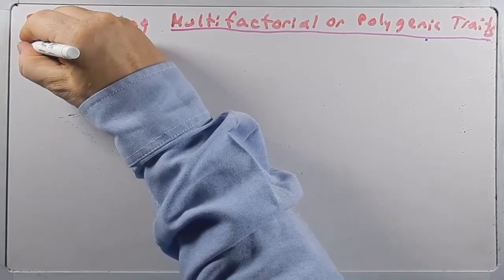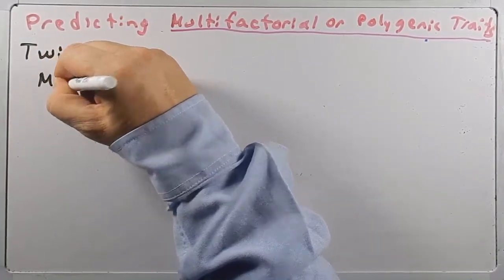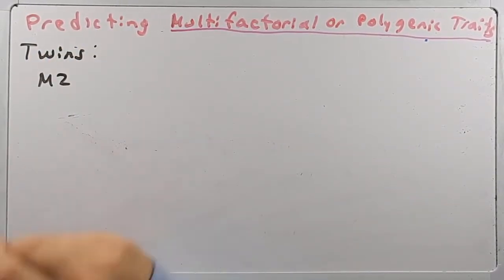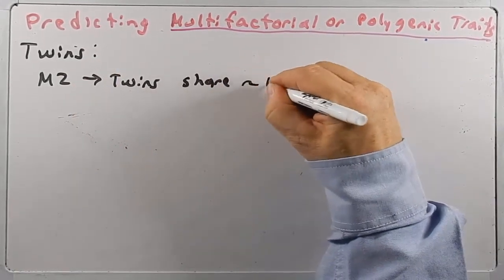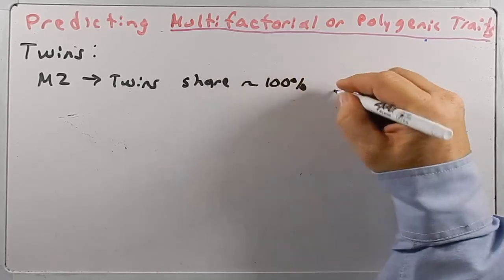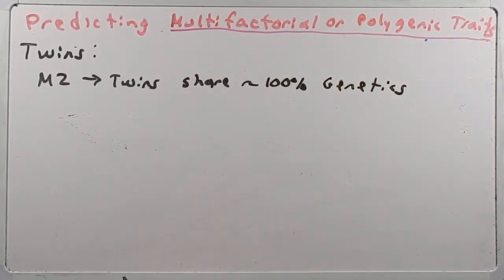Next, let's talk about twins. Let's remember that monozygotic twins, which I'm just going to indicate as MZ, these are your identical twins. These twins share approximately 100% genetics. Turns out there's a little bit more variation between the two than we used to think, but in general, it's still close enough to 100%.